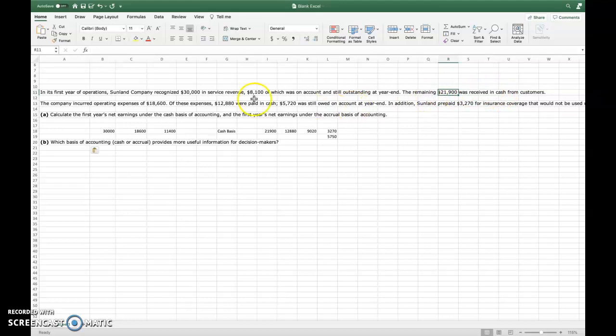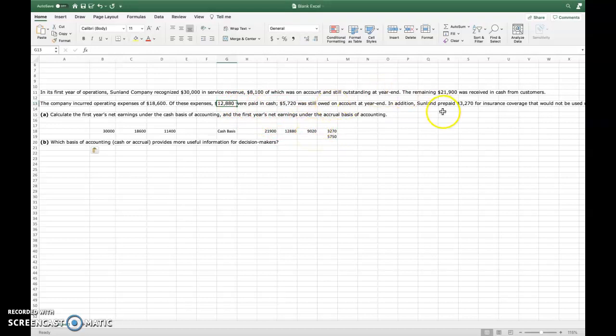When it comes to expenses, 12,880 was paid in cash, but 5,720 was still owed by the end of the year. So we're just going to pay attention to what was paid in cash, which was 12,880. We take the revenues of 21,900 subtracted by 12,880, the expenses that were paid in cash, and that gives us 9,020.